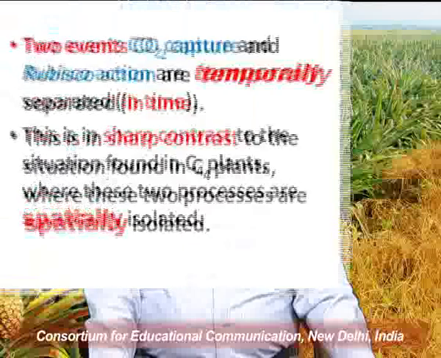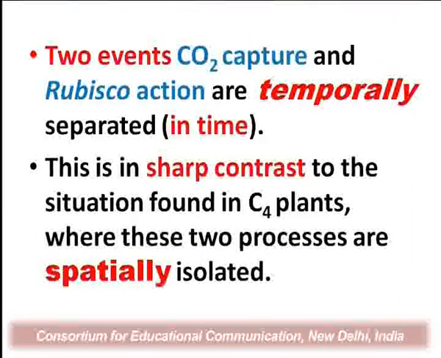The point is that this type of reciprocal diurnal fluctuation of malic acid and the stored sugars would take place during night and day respectively, and the 2 events are temporally separated, whereas in C4 plants, as we have repeatedly said, they are spatially isolated.